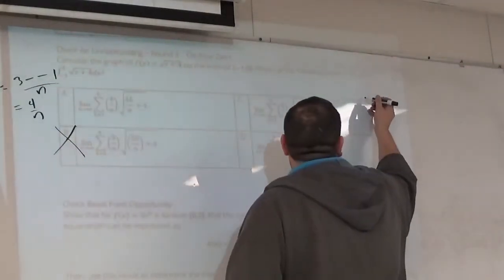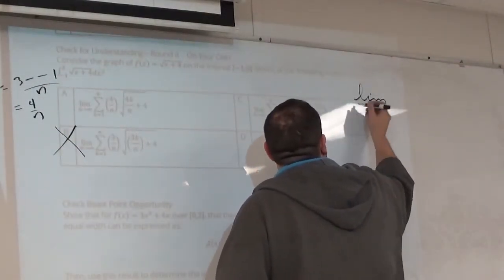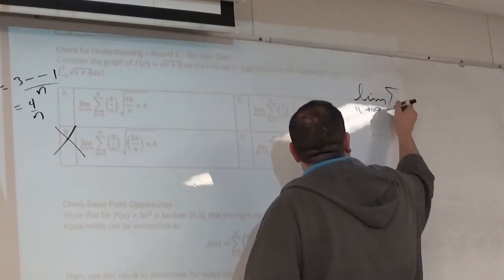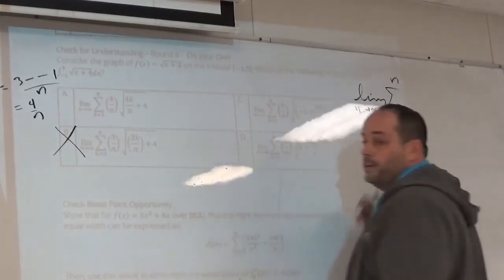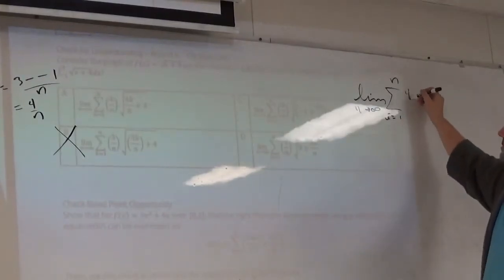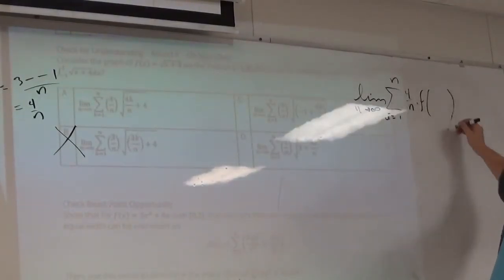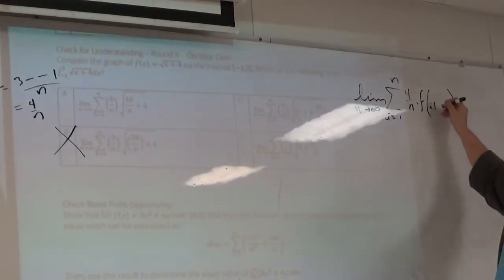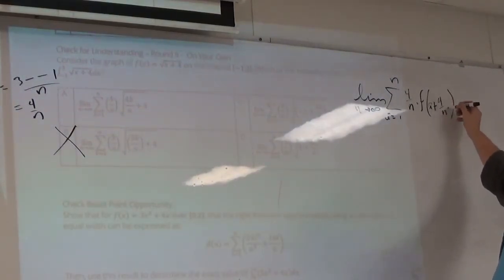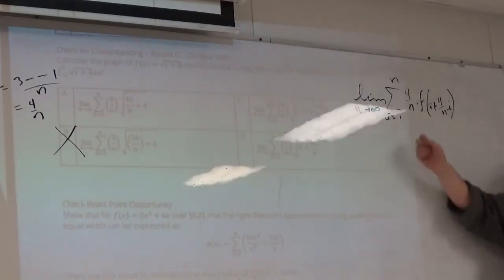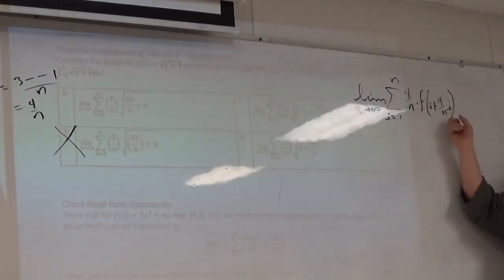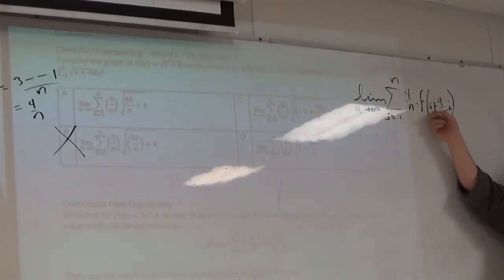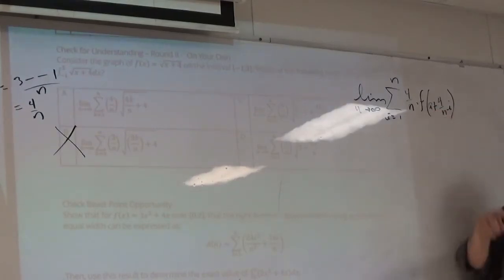Here's what I know, and I would hope you know at this point. Your answer has to have this form. Limit as n approaches infinity, we're going from 1 to n. It's 4 over n, and then we evaluate the function. And if you use your notes, it's going to be a plus this 4 over n times i. Your width times the height. Well, what's the a? It's your starting point. So what's the starting point here? -1.